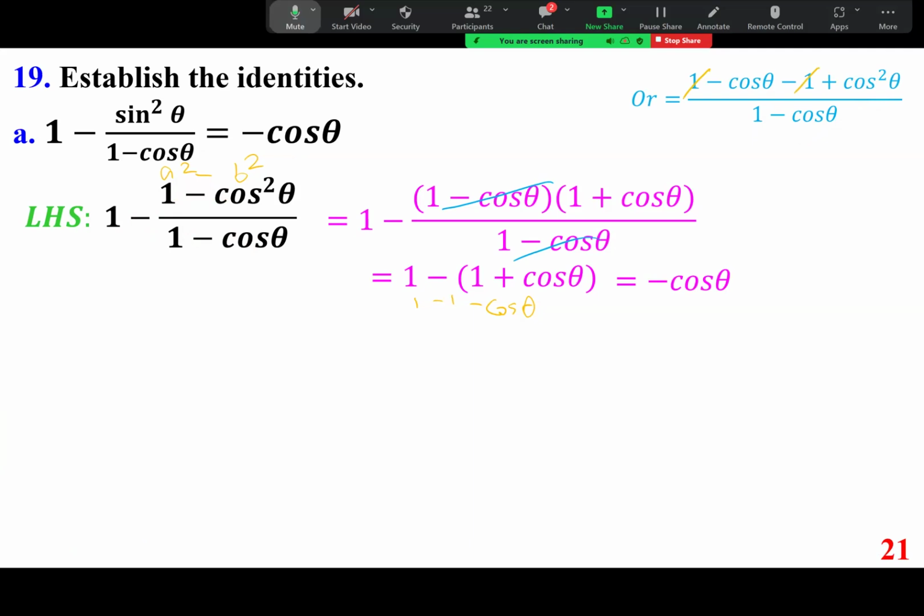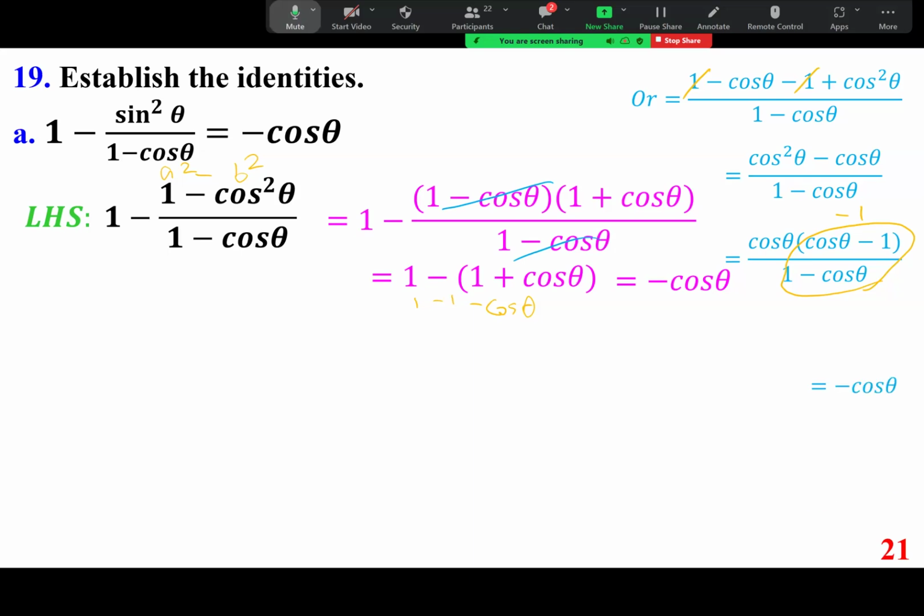So you have cosine squared minus cosine theta. If you factor the cosine theta from the numerator, now these two are opposites. When they cancel each other, they create a negative sign, and that's important to know. You get minus cosine theta. I thought it's interesting to say it both ways. Ultimately, it's up to you.